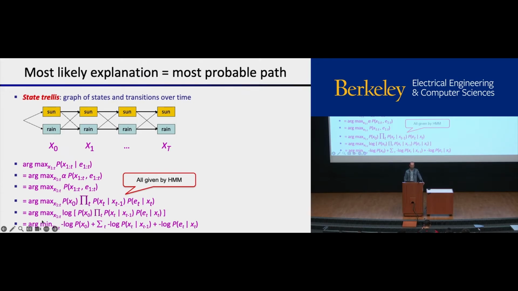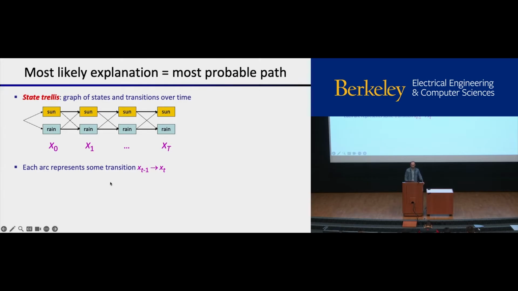And since it's an argmin, this looks like a shortest path problem, where each of these are minus log probabilities. Minus log probabilities are always positive because probabilities are less than 1, so the logarithm is less than 0, so minus the log is positive. And in this form, it's basically the same as a shortest path problem. We'd be trying to find the shortest path through to the end. So that's just another form, if you prefer.